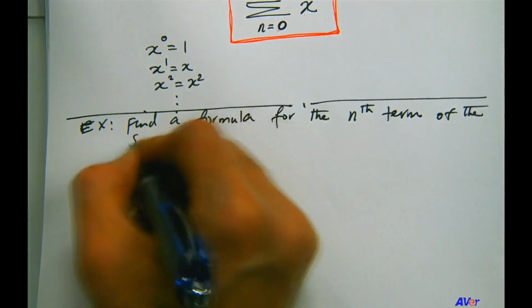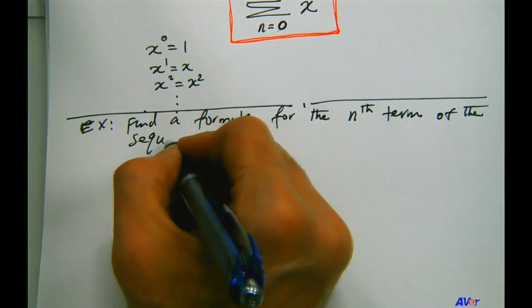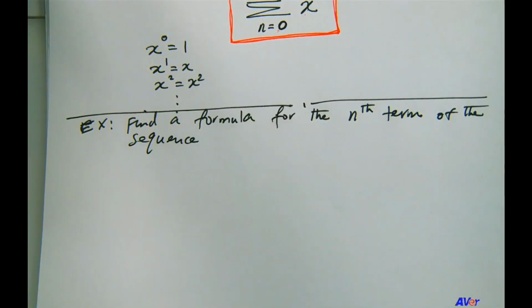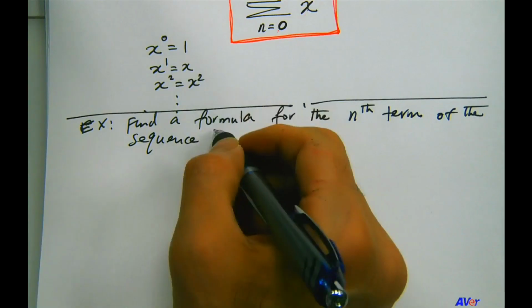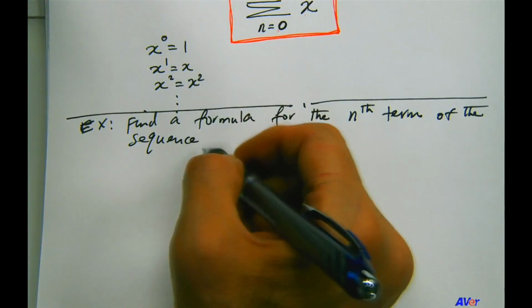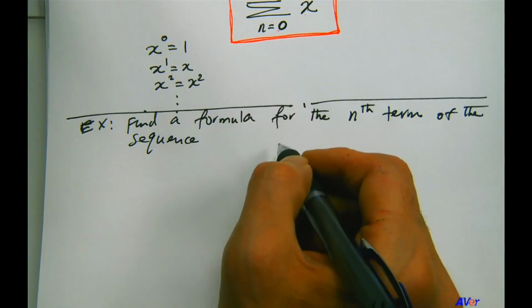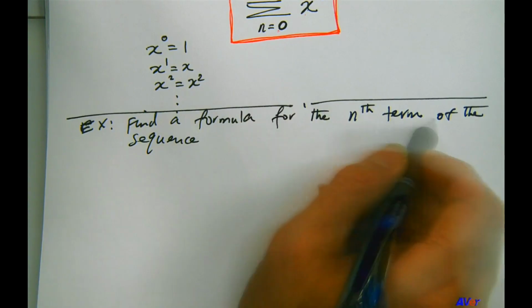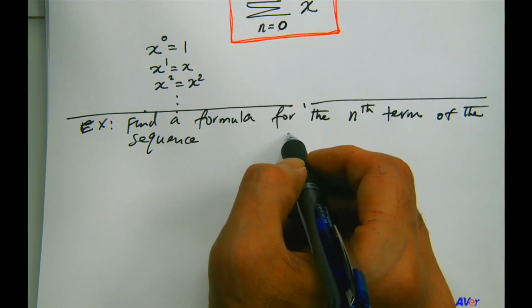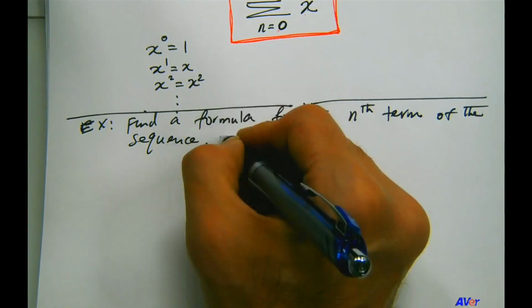Oh, we haven't done these in a few minutes, right? In maybe half an hour. We did a few of these in the beginning of this video, but now here's another one. So find the formula for the nth term of the sequence. And there's a hint they give us. Hint.